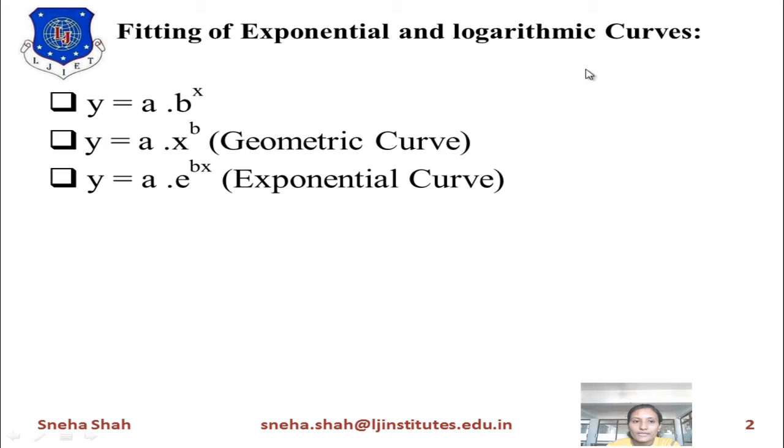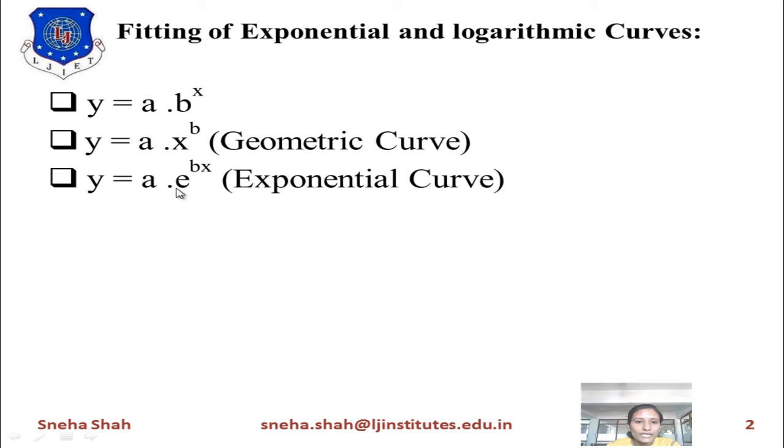So how will it be represented? Suppose you are given an equation like this, y equals a into b raised to x, or y equals a into x raised to b. These two types of equation are considered geometric curves. And if you are given the equation in terms of e raised to something, then it is considered an exponential curve.